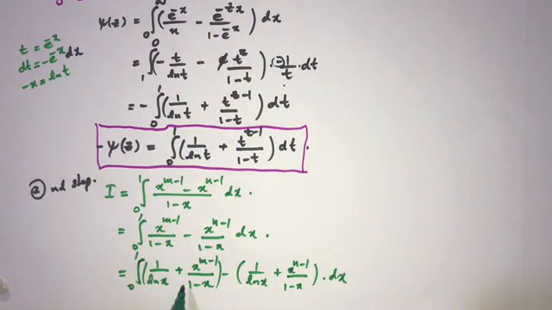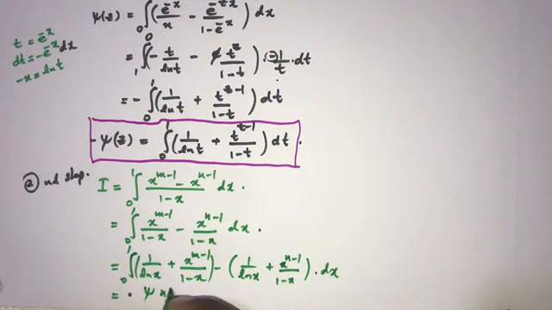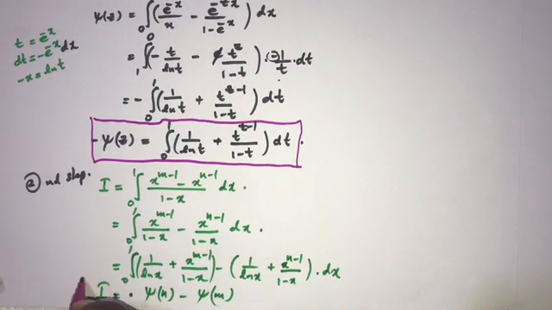So this is equal to minus digamma of m, and this is minus digamma of n with a minus sign in front, so I is equal to digamma of n minus digamma of m. Okay, another interesting relationship.